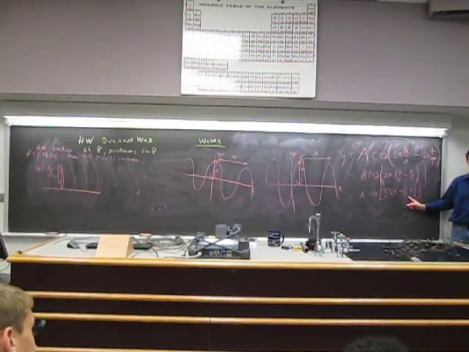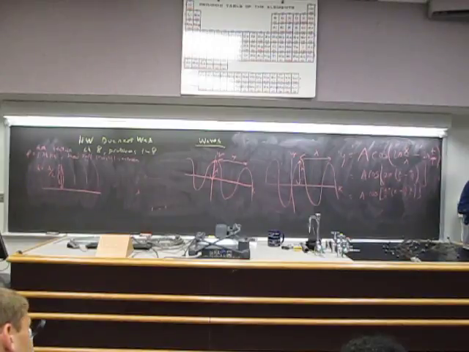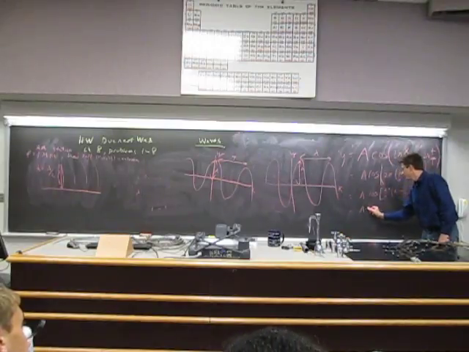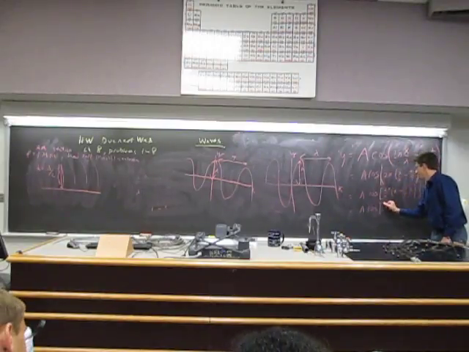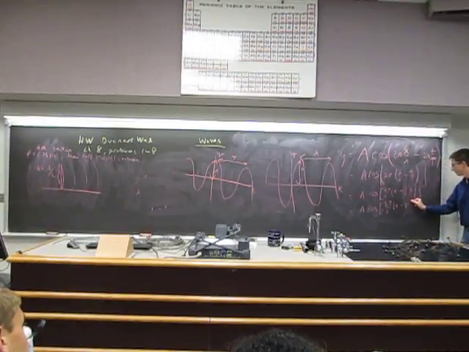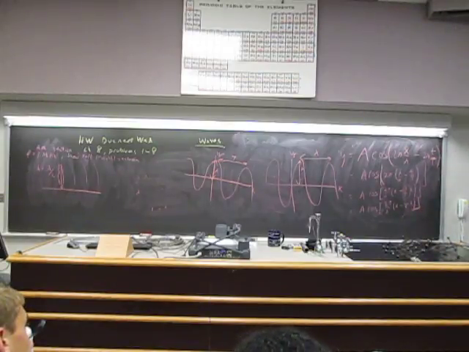See how that works? This lambda over period, what was that? That was the speed of the wave, right? So this was a cosine of 2 pi over lambda times x minus v t.